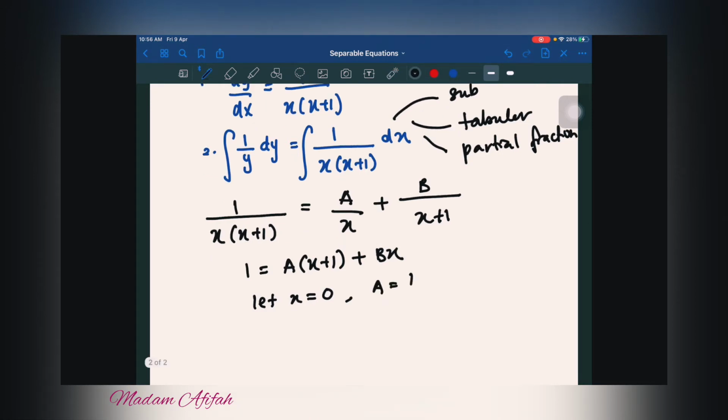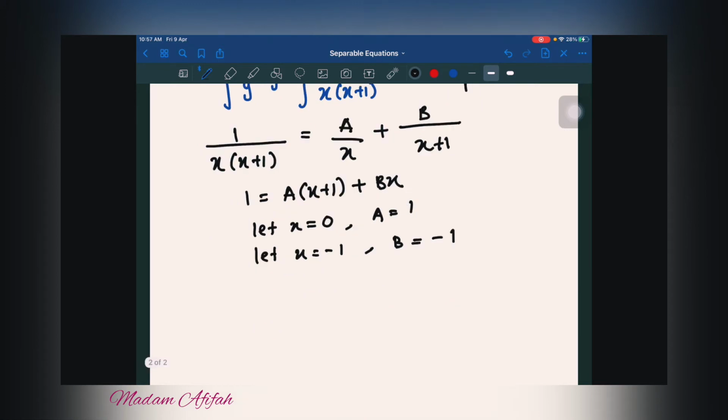Then let x equal -1. Why -1? Because when you substitute -1, -1 plus 1 equals 0, so the a part is 0, and you can find the value of b. When x equals -1, you will have b equals -1.